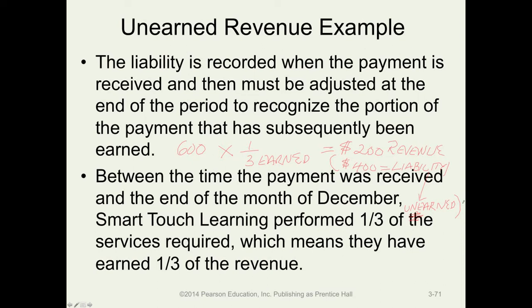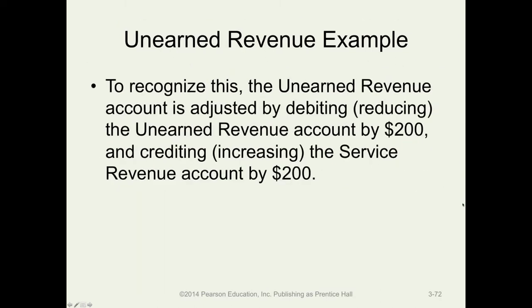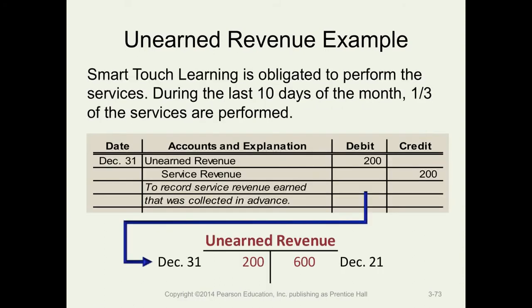So to recognize that 1/3 has been earned, the adjusting entry is needed to reduce the liability by $200 and increase service revenue. The liability is paid in a sense by providing the service, and we recognize the revenue at the same time. So the adjusting entry appears as follows.